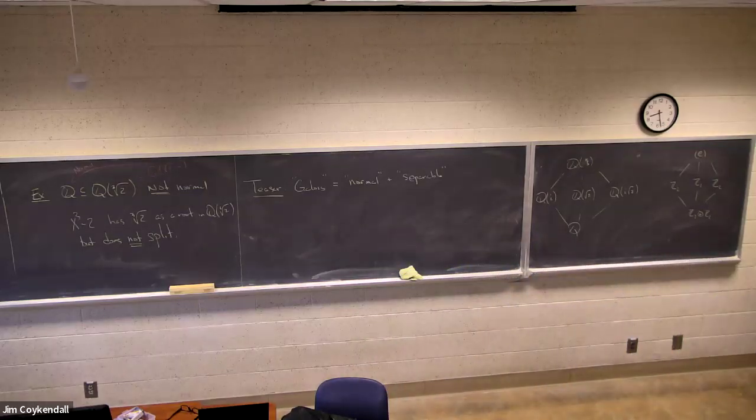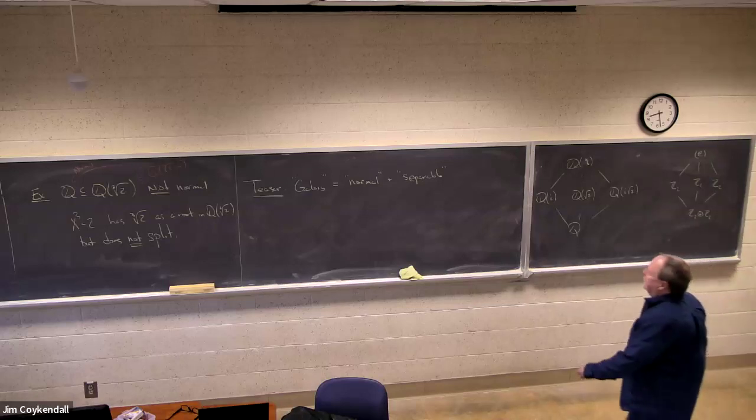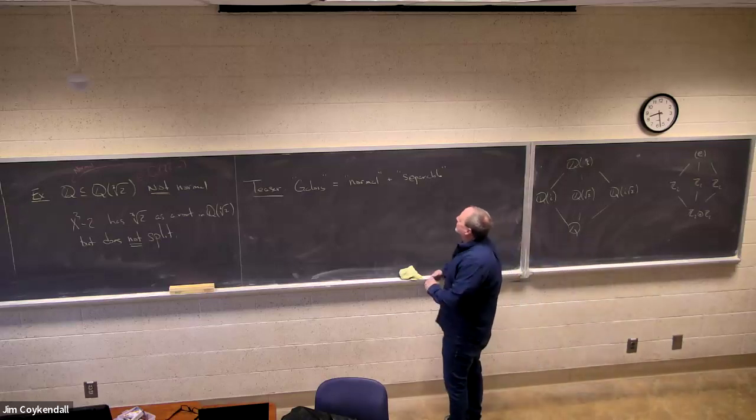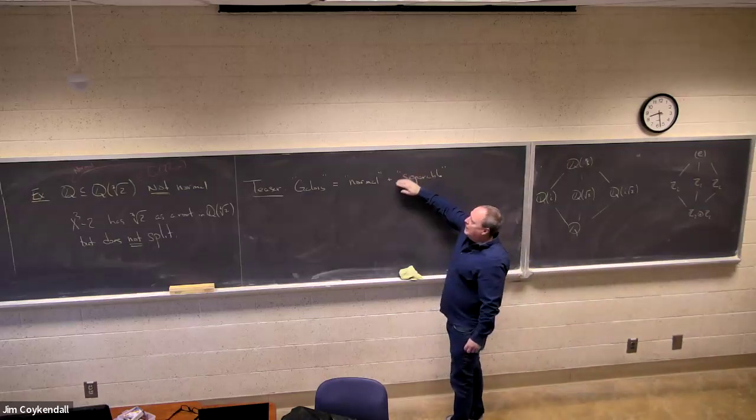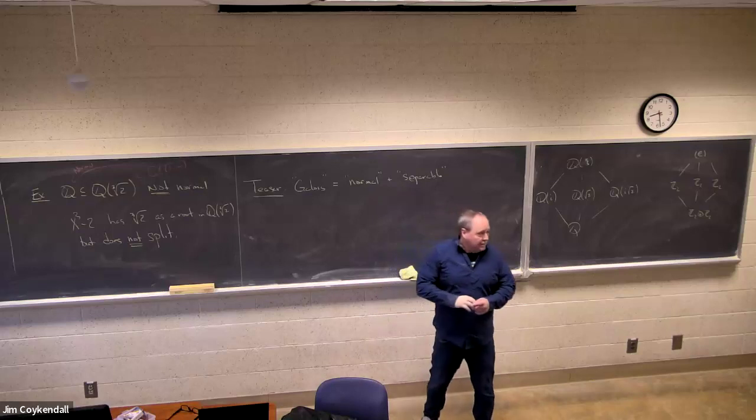Galois means normal plus separable. Now, I haven't told you what separable means yet, but we're gonna get to that. But suffice it to say for now that any field of characteristic zero is separable, right? So for example, if you think about the rationals or the reals or whatever, it's characteristic zero, this is automatic. And so in characteristic zero, Galois and normal are equivalent.